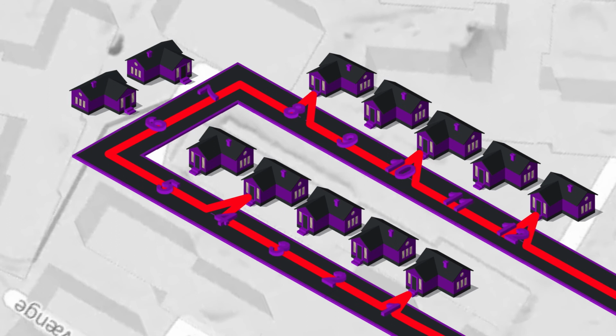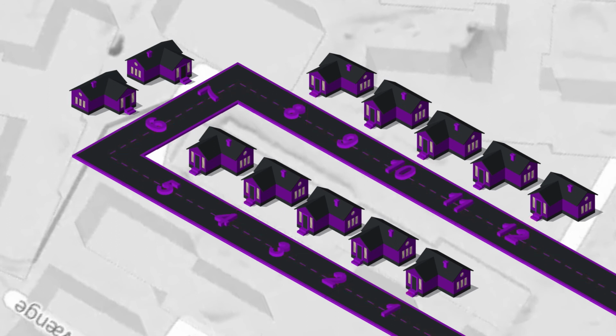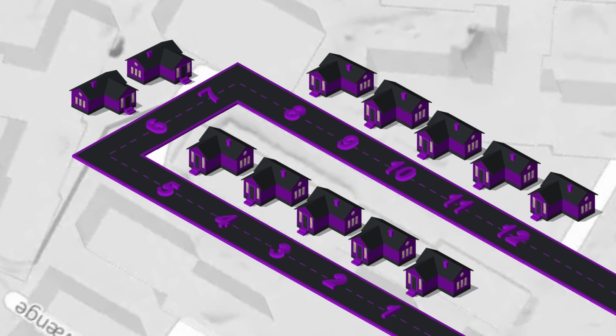Very efficient. I can plan this route, and this is normally how things would happen in our world. The mail service would plan this, and then a person would go along and deliver the mail. Quite simple, straightforward.